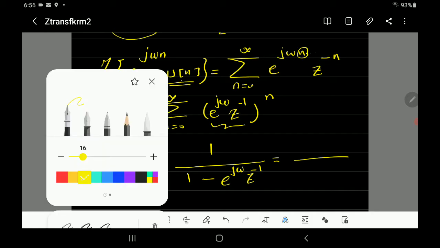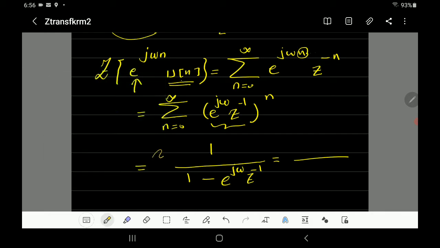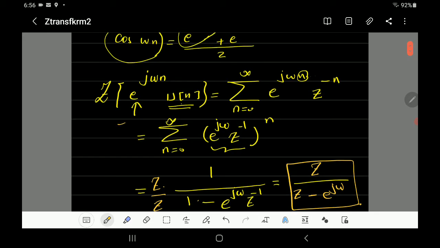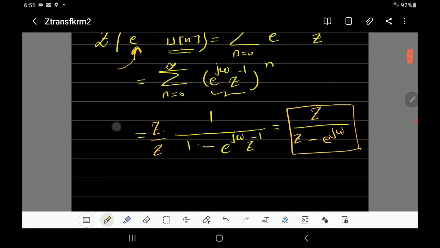All you have to do is multiply the top by z and the bottom by z. Z times 1 is z, and then z times z to the minus 1 cancels, and you'll have e to the j omega. So this is the expression for the Z transform of e to the power j omega n.